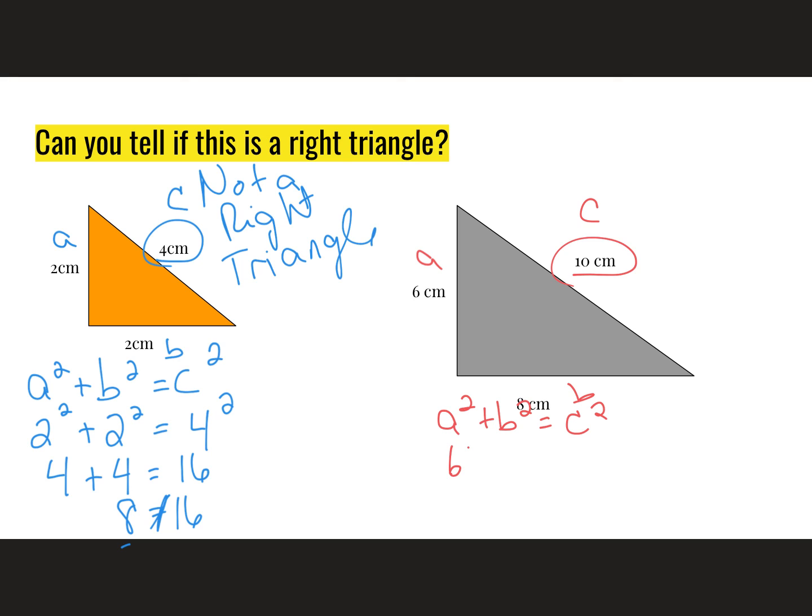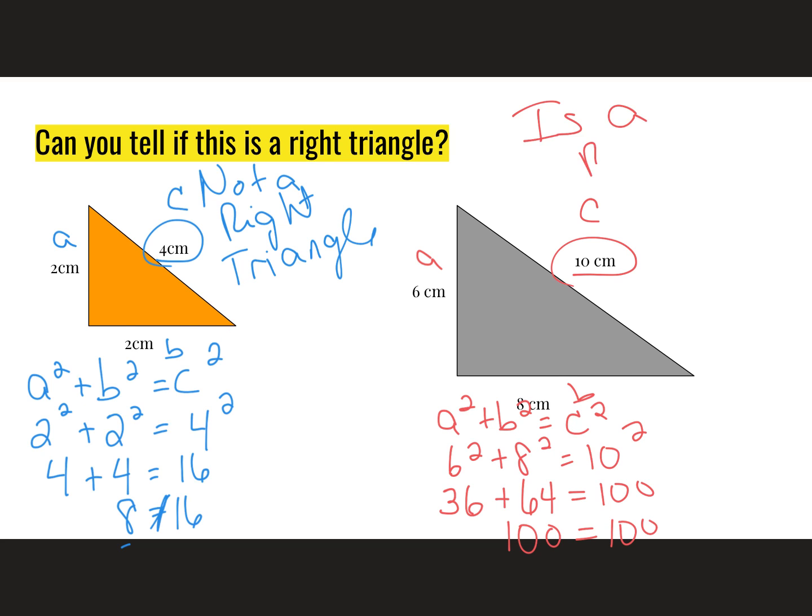So I have 6 squared plus 8 squared equals 10 squared. Well, 6 times 6 is 36, plus 8 times 8 is 64, and 10 times 10 is 100. 36 plus 64 is 100. So I have 100 equals 100. So this is a right triangle.